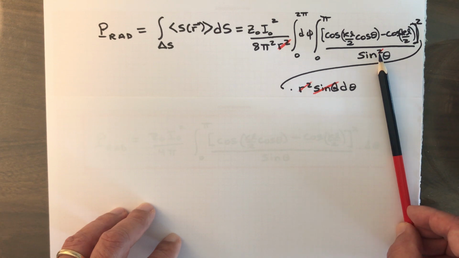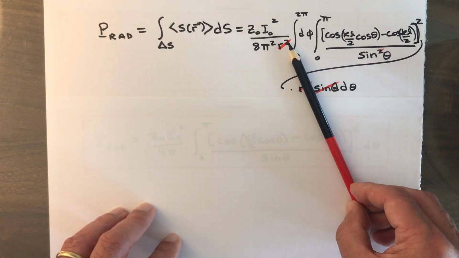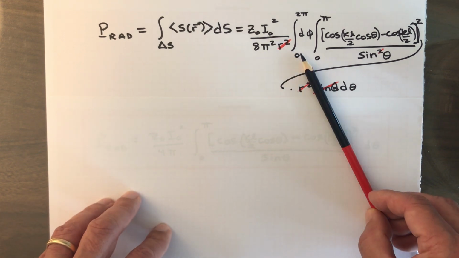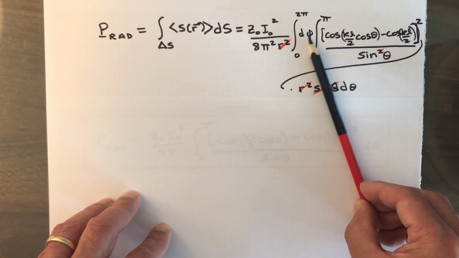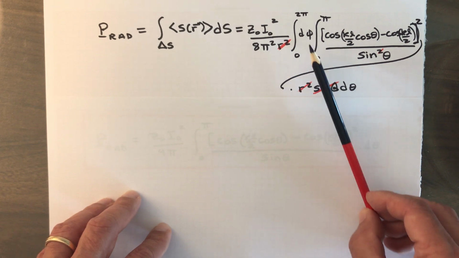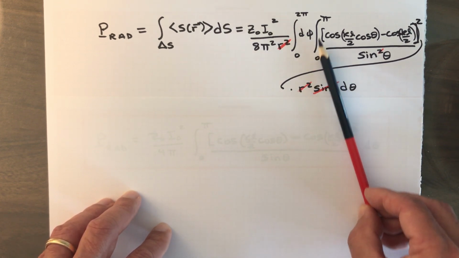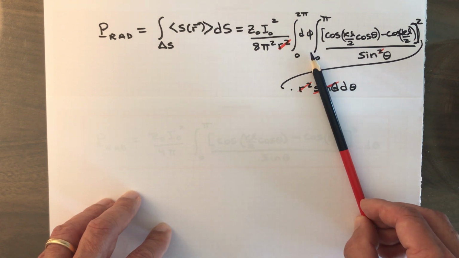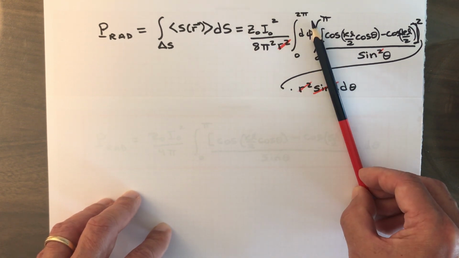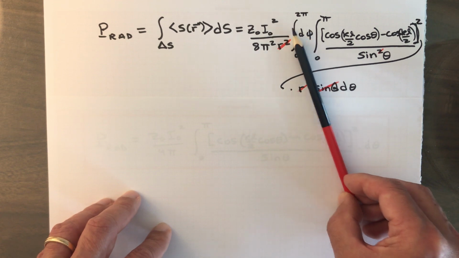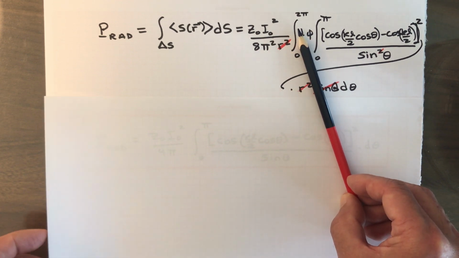So one of the sine thetas cancels in the denominator, and r squared cancels here. And we have an integral from 0 to 2 pi, only with the d phi dependence here. So that one we can readily integrate, and that becomes phi evaluated between 0 and 2 pi. The 0 component does not contribute, the 2 pi component does, and it gives us a 2 pi here.